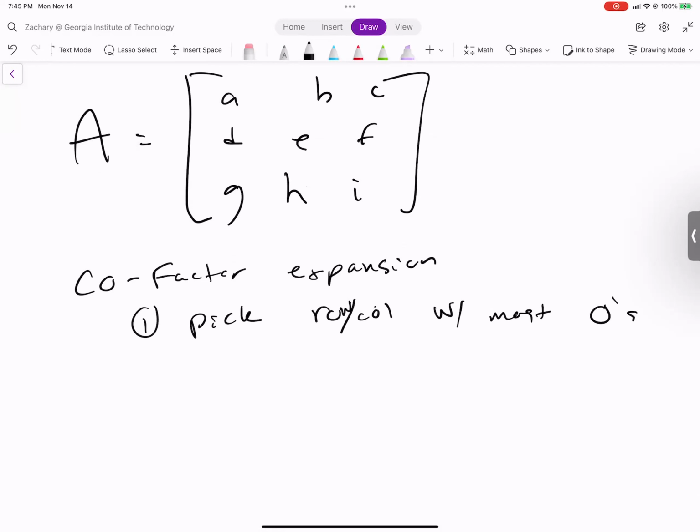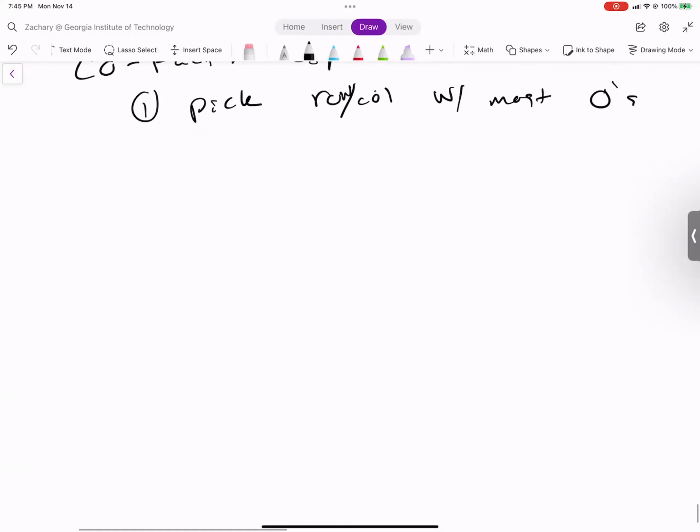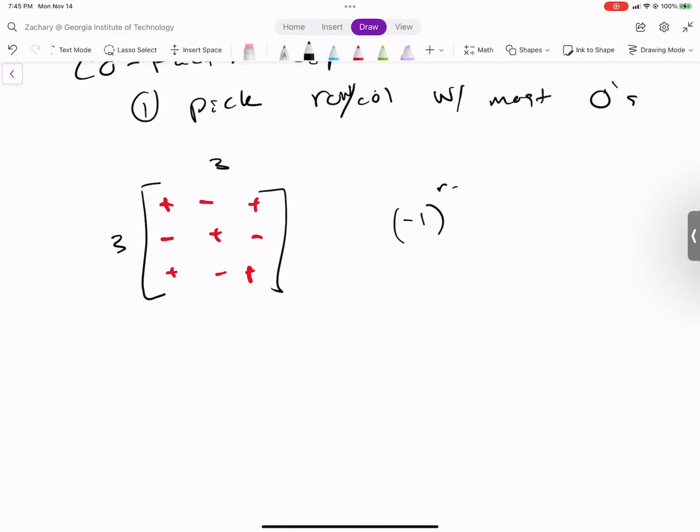What you do from here is you must always draw this little phantom matrix. It will always be the same size. In this case, it's a 3 by 3. You put a plus in the top left, and then you build out and draw minus, plus, and then minus, minus, plus. This is the same thing as -1 to the row plus column.